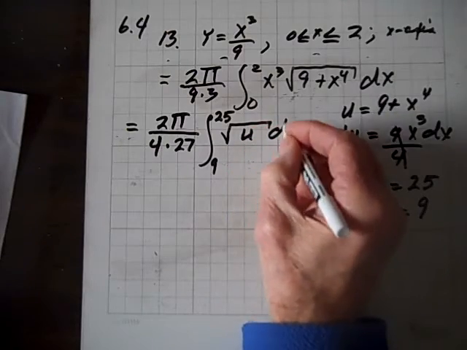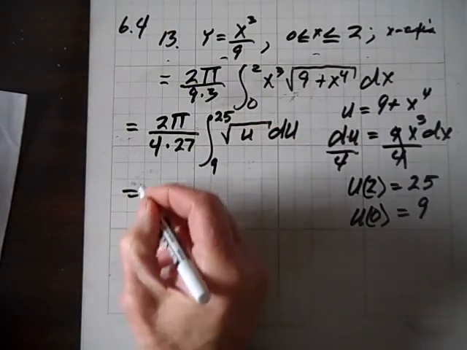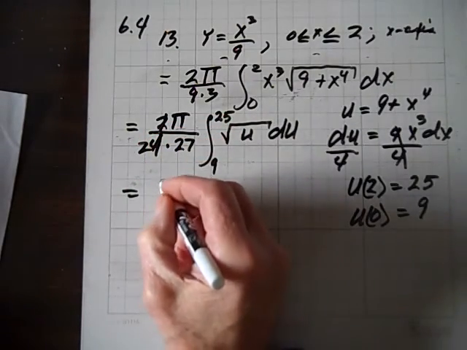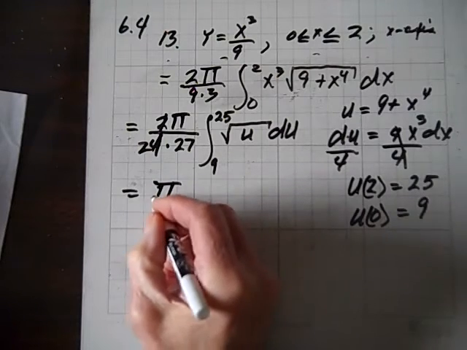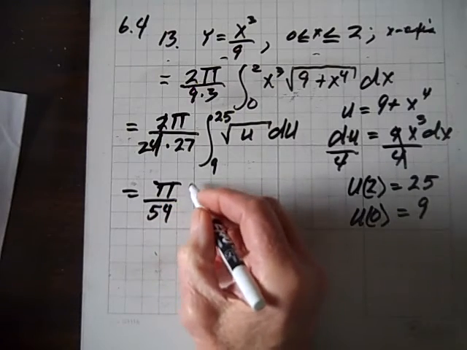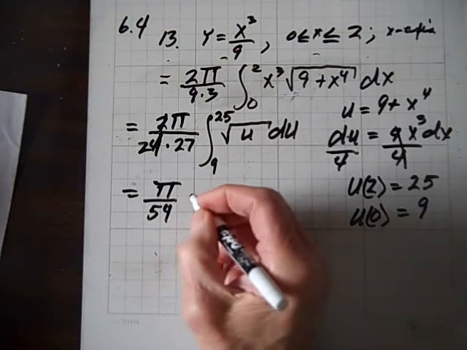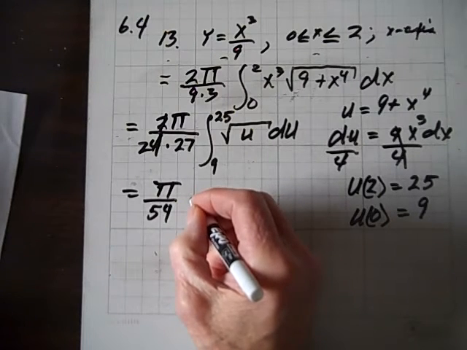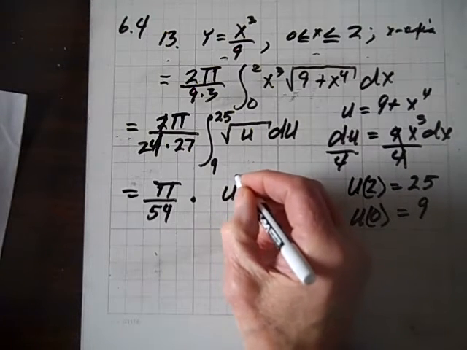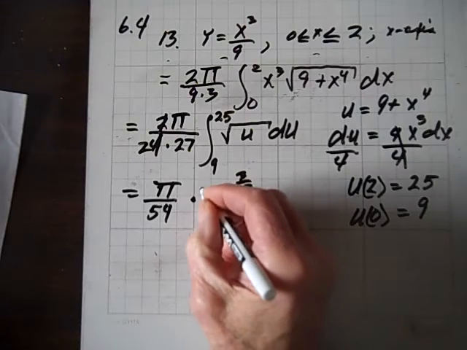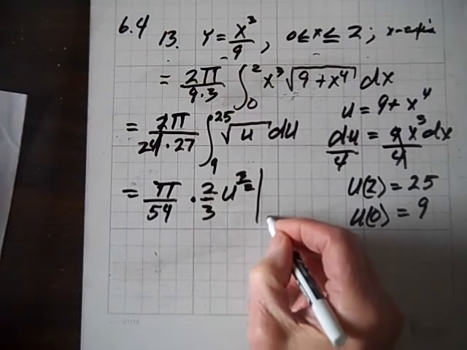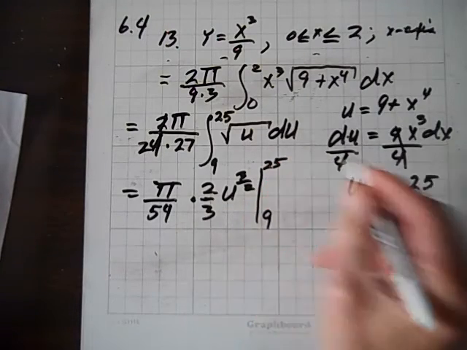And 2 goes into 4 twice, so that's going to be pi over 54, and the integral of the square root of u equals u to the 3/2, so we need a coefficient of 2/3 here, and we're evaluating from 9 to 25.